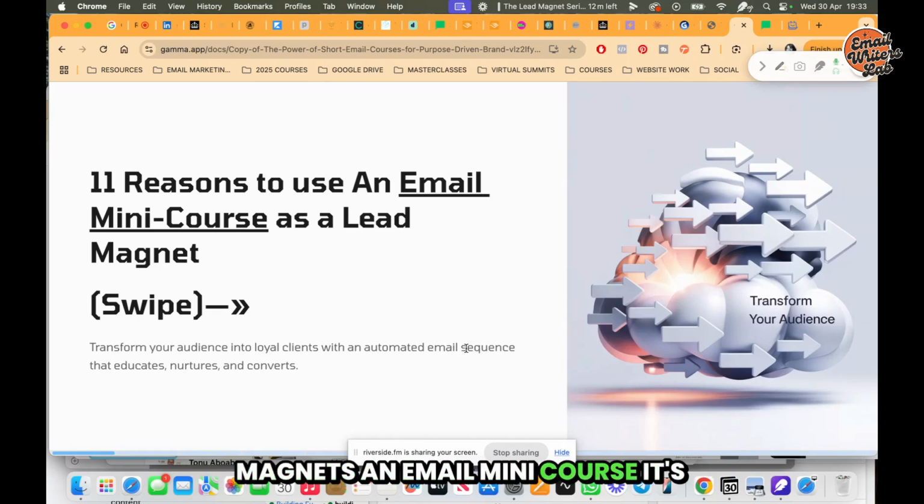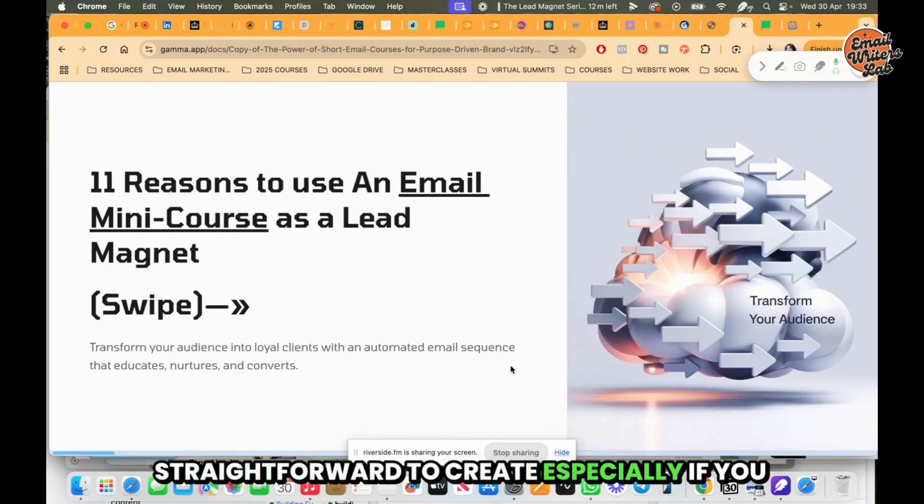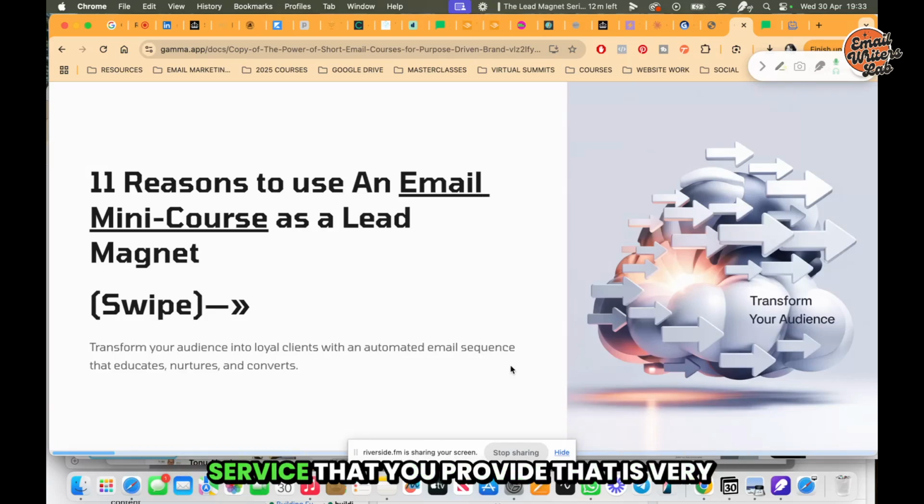An email mini course is straightforward to create, especially if you are a thought leader with a very well thought out way of working, a very distinct service, or a very distinctive brand or story.